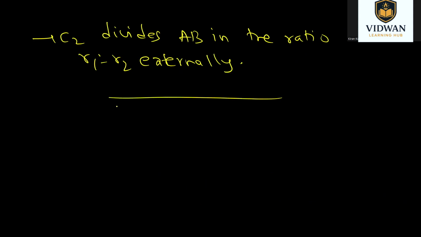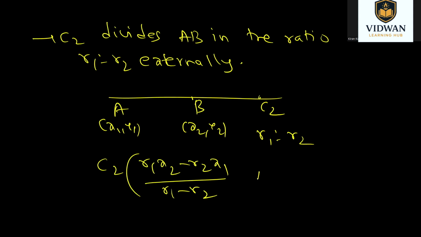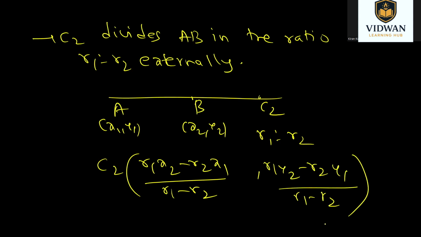It is collinear with this, but it is outside AB. So if this is x1, y1 and this is x2, y2, and C2 is dividing it in the ratio R1 is to R2 externally, you apply the external ratio formula, then it will be (R1 x2 minus R2 x1) by (R1 minus R2), comma (R1 y2 minus R2 y1) by (R1 minus R2). This is the formula to find the external center of similitude.